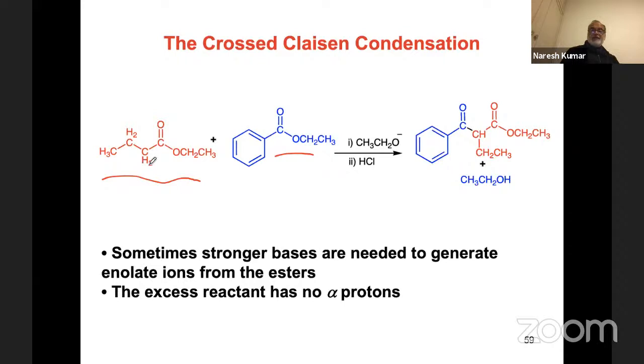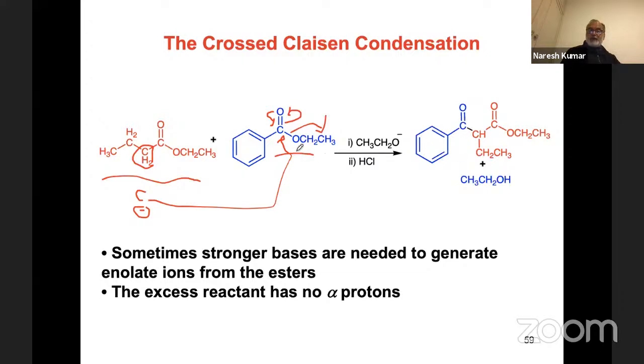And again, if you think logically, you remove this proton here from CH2 to generate your carbanion, and that carbon is going to attack your carbonyl over here, moving that electron pair over here. And then this pair is going to come back and kick your OCH2CH3 out to form that keto ester compound.